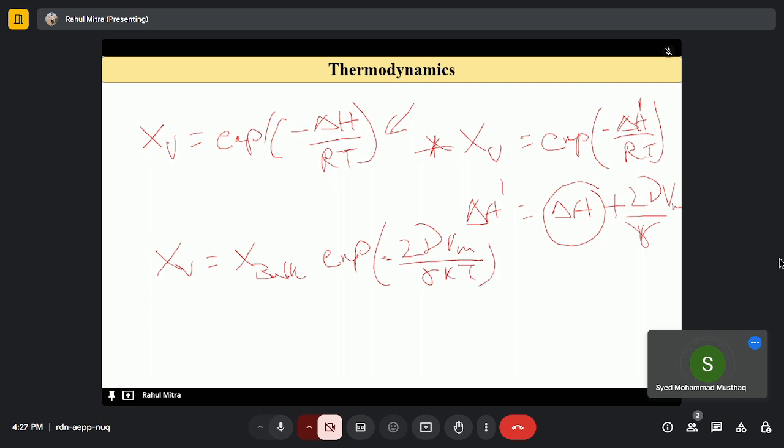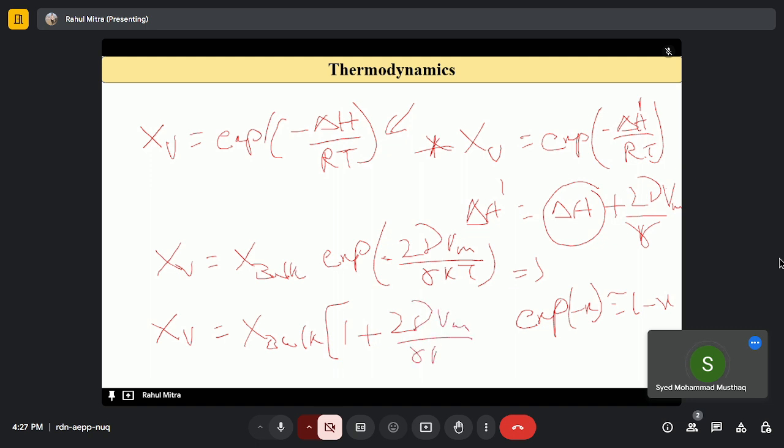Now again from Taylor expansion, exponential of minus x is approximately equal to 1 minus x, and this will depend on the curvature: X bulk times 1 plus 2 gamma Vm by rkT. For a convex surface we have more vacancies when compared to bulk, so write it like that. This is 1, and for concave we will have a minus sign in between.